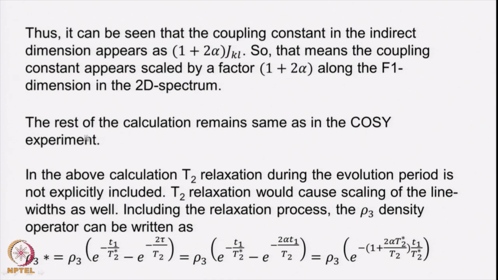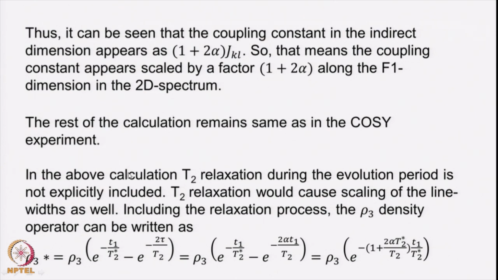Now, we will not go through the rest of the calculation along the T2 evolution and things like that, because that remains the same as in the COSY and we do not want to repeat that here. The idea here was to show that during the T1 period the coupling constant appears scaled by the factor 1 plus 2 alpha, and this is because of the introduction of the spin echo sequence tau 180 tau.